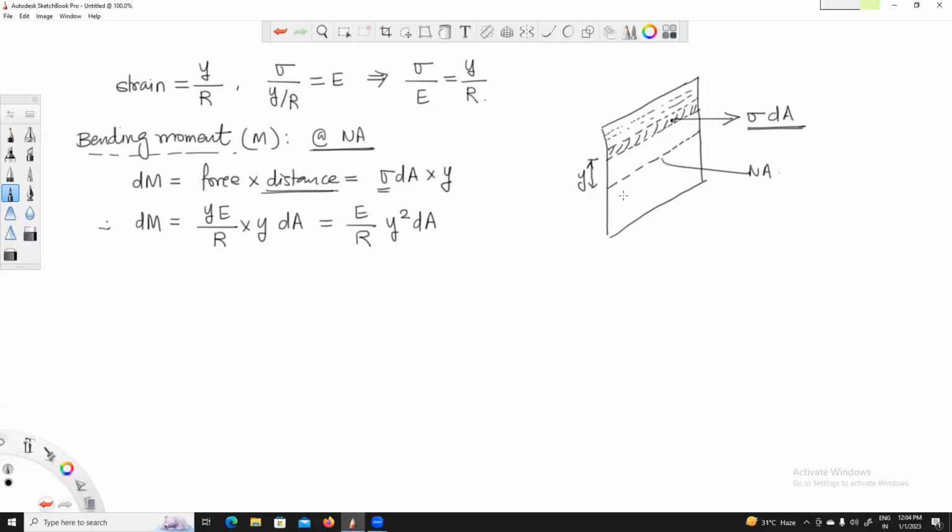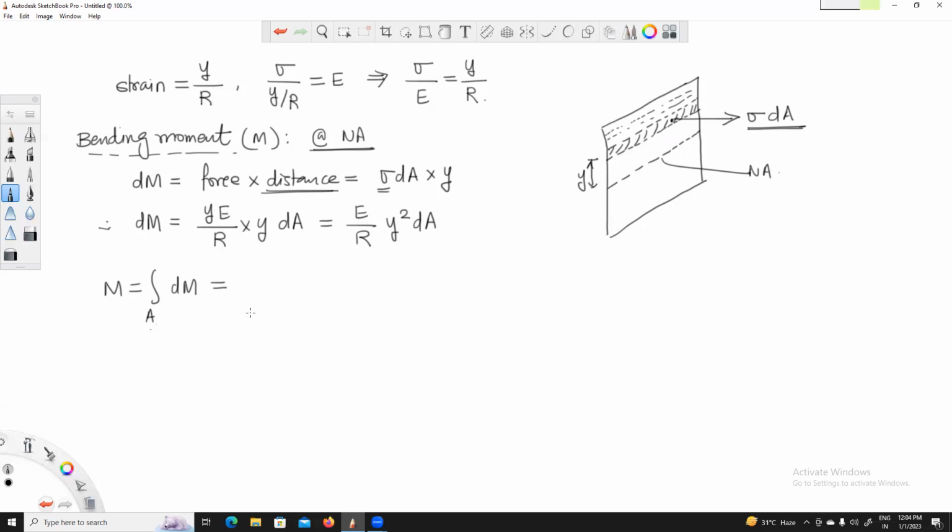Summation is only for discrete variables, but our variable is continuous, so we'll integrate. So this bending moment is basically the integration of dM over the area of cross section. This is called areal integration.